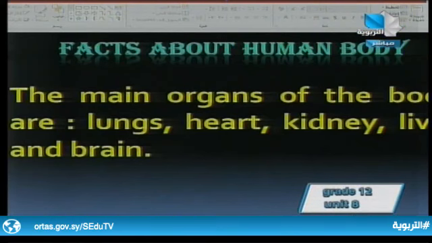Then we have the heart, which is devoted to pushing blood towards and backwards. Then we have the kidney, liver, and the brain, which is the most important organ. These are actually the main organs, not all the organs. Of course, there are many other organs.